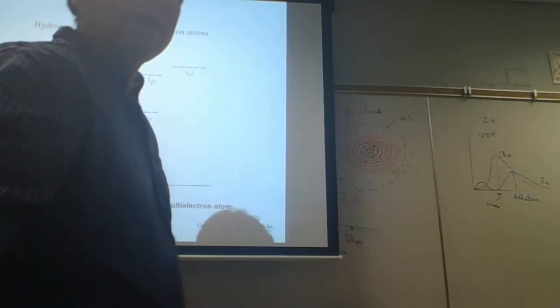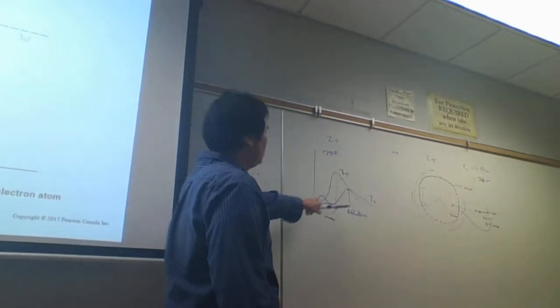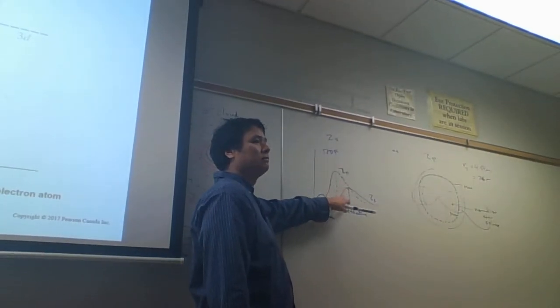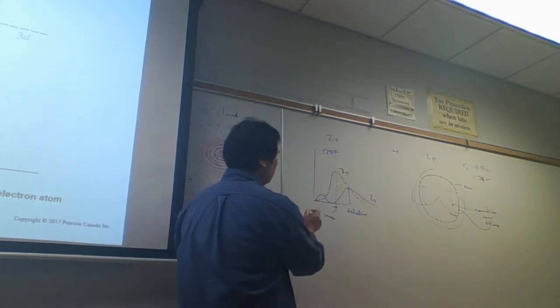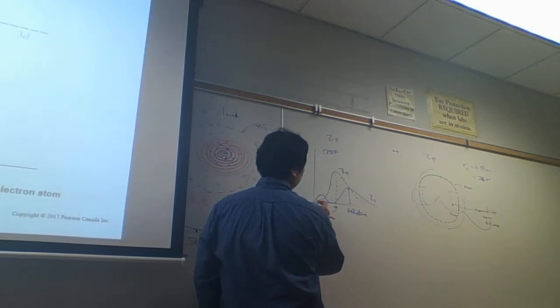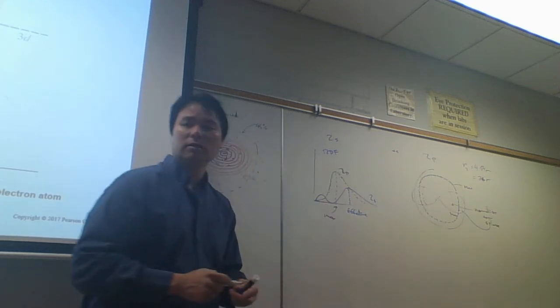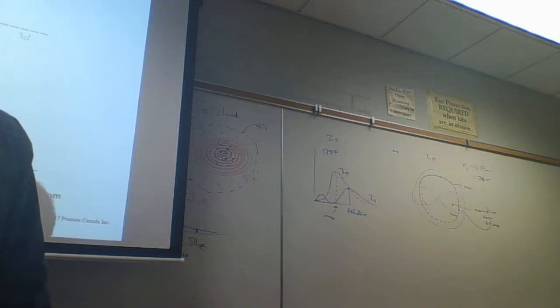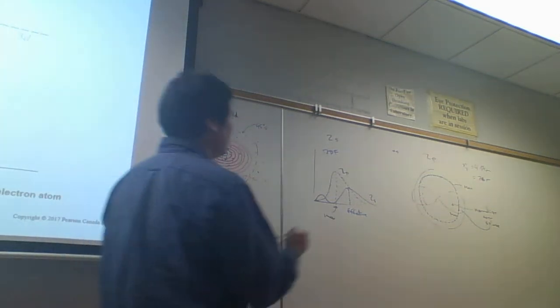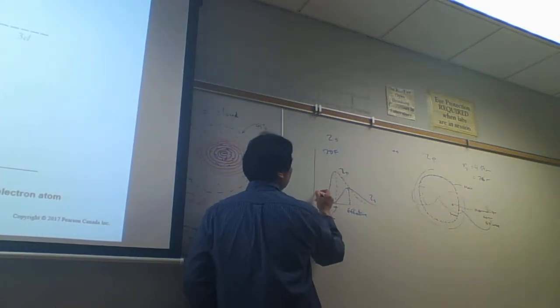And so right now, if I look at these two orbitals, they have the same energy, correct? But all of a sudden, if I put 1s electrons in there, well, let's do that. I'm going to put some 1s electrons in here. Actually, let's go with a different color. If I put some 1s electrons in there, the 1s electrons are going to occupy this volume here.